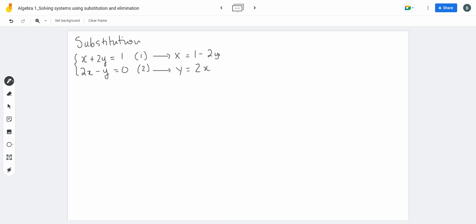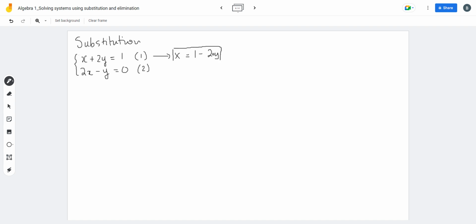And so when you rewrite a variable in terms of the other variable, what would you do? You would replace this term into the second equation. For example, let's start with x equal to 1 minus 2y.